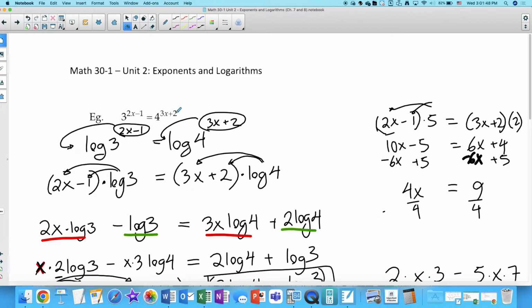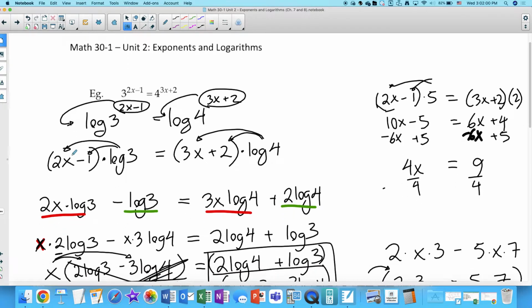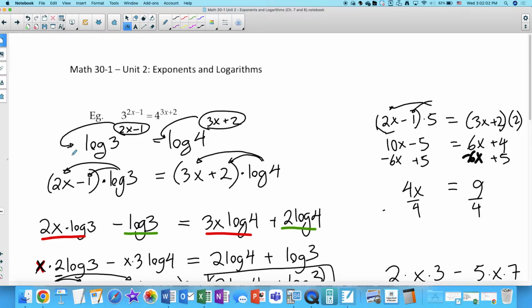Okay? Do you guys want to talk about how to do it the other way? You're like, no. Which is to switch forms. Okay, can I tell you why I wouldn't switch forms with this one? The reason why I wouldn't switch forms is because there's variables on both sides, in both exponents, right?